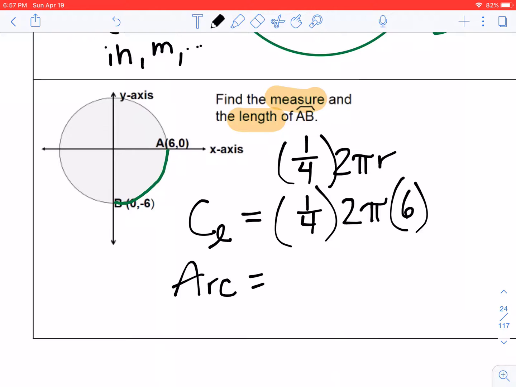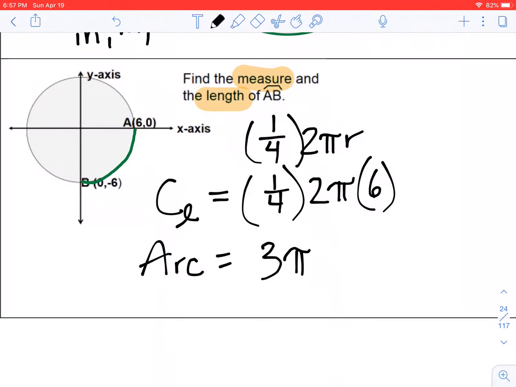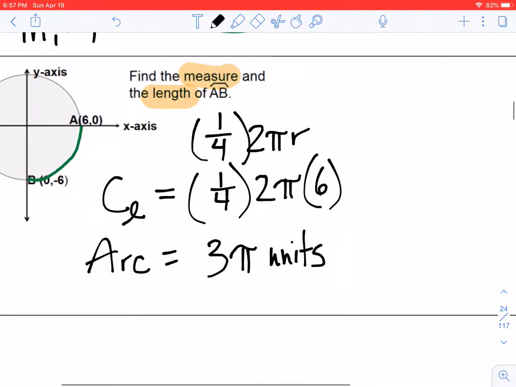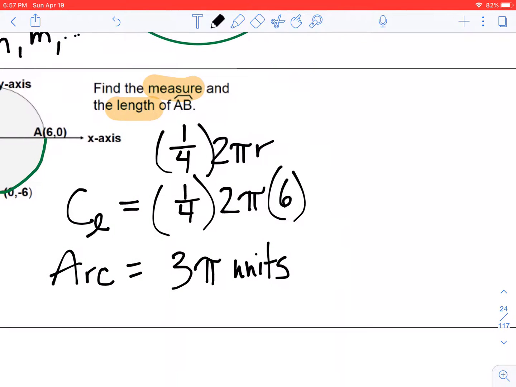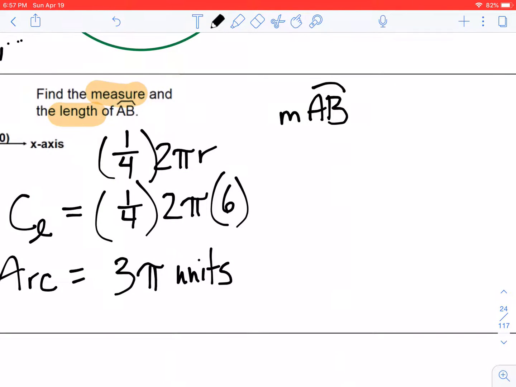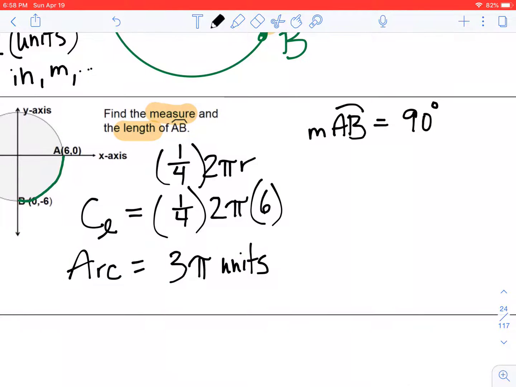And 12 divided by 4 is 3, so 3 pi. And since this is the length, it would be some sort of units, they don't give us the units there. All right? Now, what is the measure? And this is how we write out the measure of AB. We put a little m in front of the AB. And the measure of AB is 90 degrees. So there's our 2 answers.